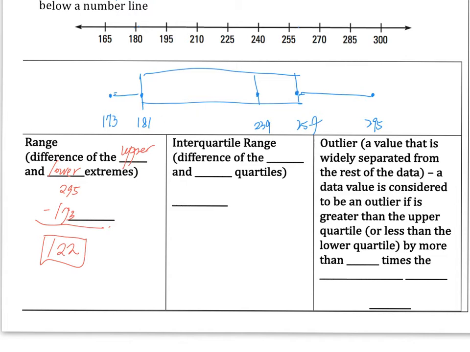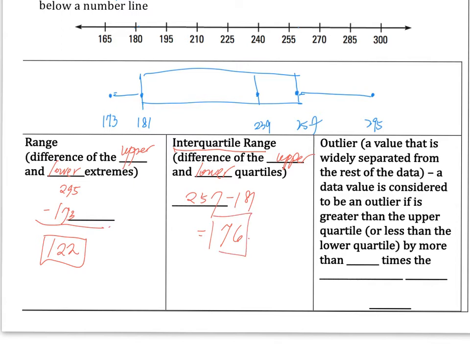That's your range, showing how spread out the data is. And then you have your interquartile range, which is the difference between the upper and lower quartiles. That would be taking 257 and subtracting 181, which makes 76.